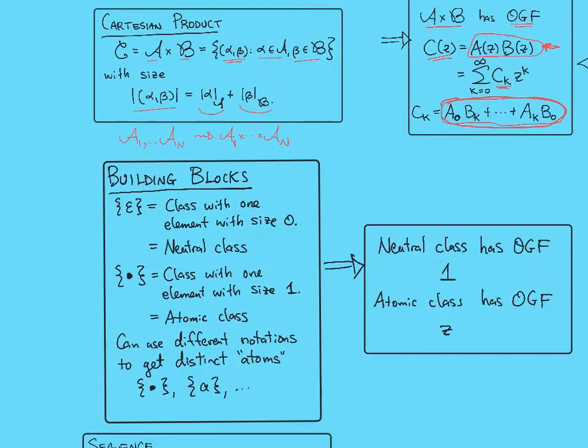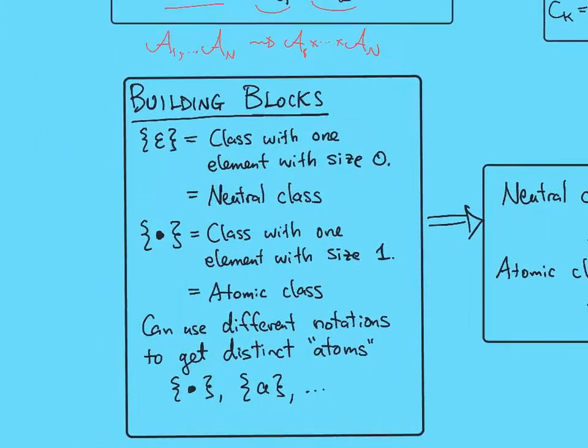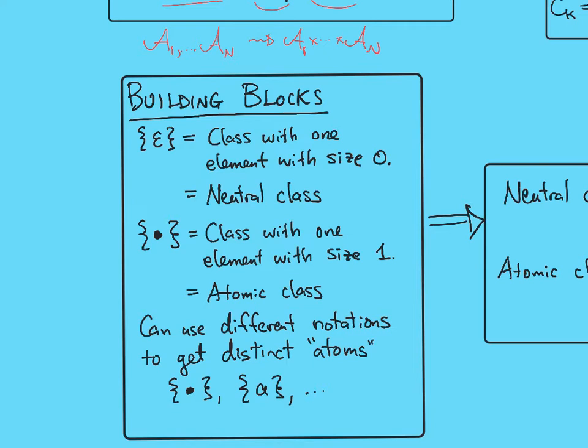Okay, we also need some basic building blocks. And this gets a little confusing, but it's very important, even though it's a simple idea. So a neutral class will be a class with one element with size 0. And maybe we'll write it with just the singleton set containing epsilon.